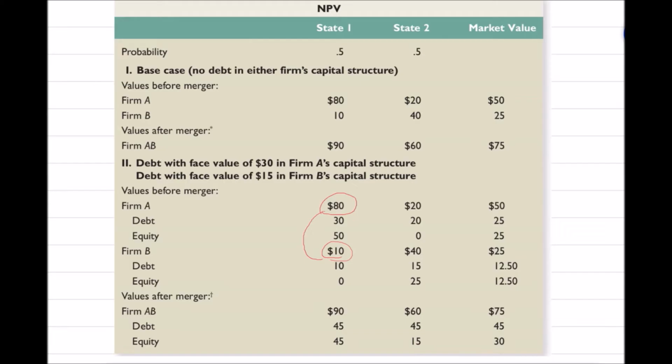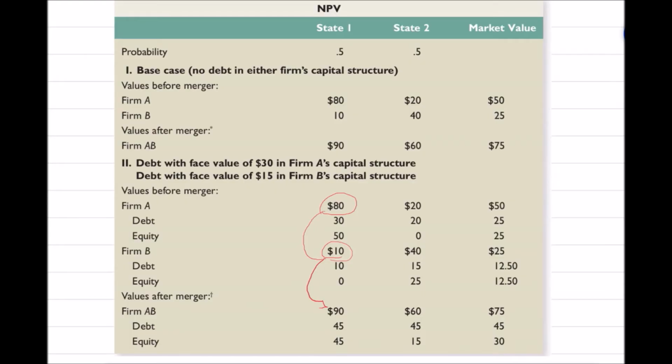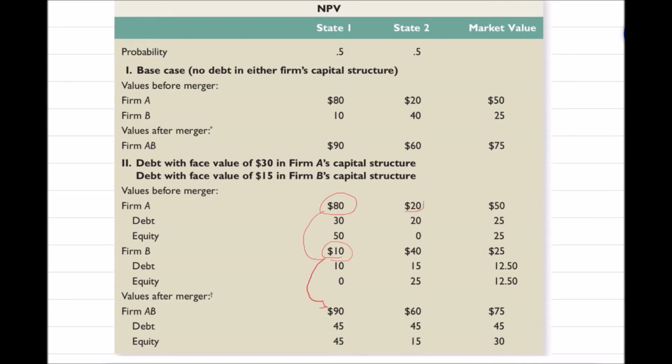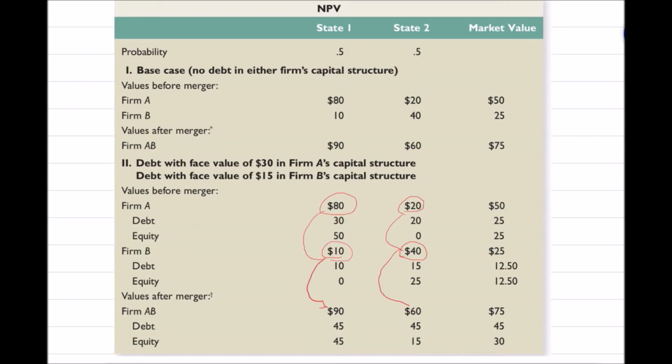So from here we will just add them up and have this $90 market value after the merger. Similarly, add firm value of firm A, firm B, and we will have $60 value in state 2.